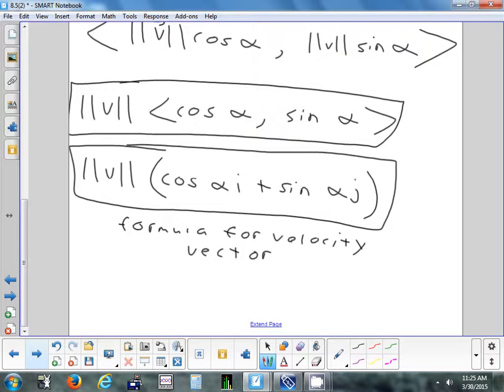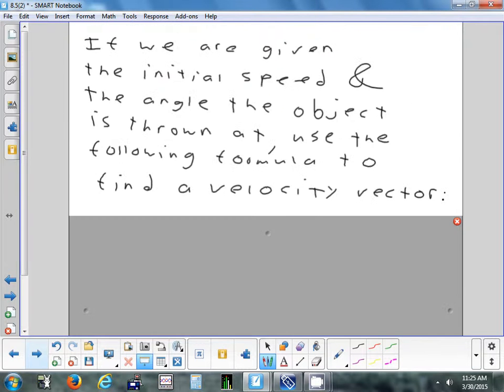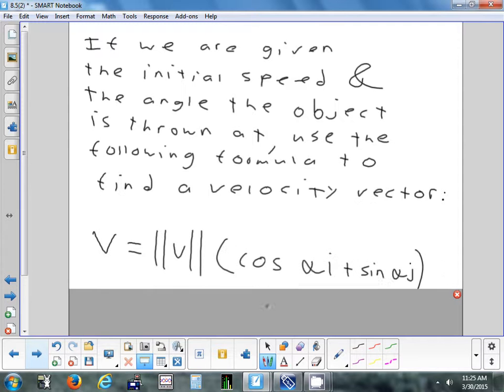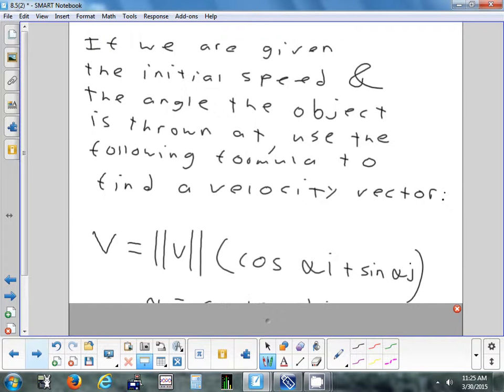Okay, now that we have the formula, all we have to do is look at a problem, and in the problem, they'll always give us the magnitude we're throwing it at, that's your speed, and the angle you're throwing it at. Okay, this is the formula you just copied down, so you don't have to copy it again. And as I just said, we're going to give you an initial speed and the angle you throw it at.